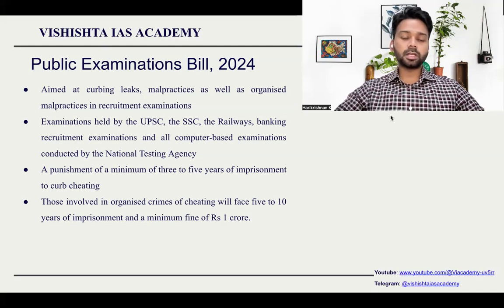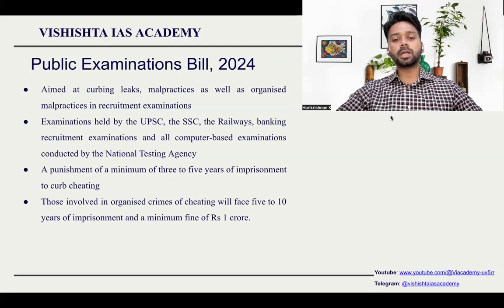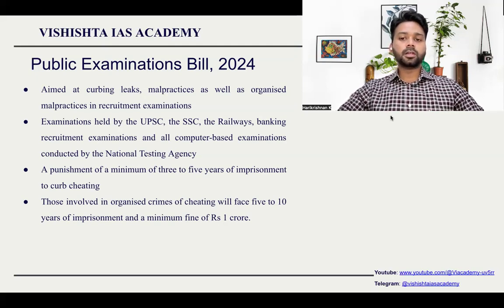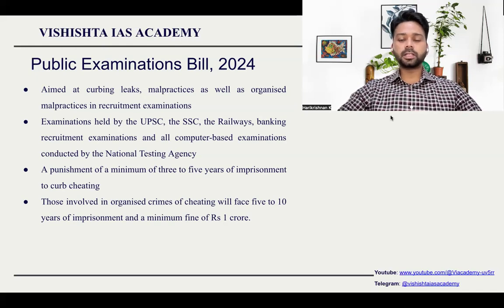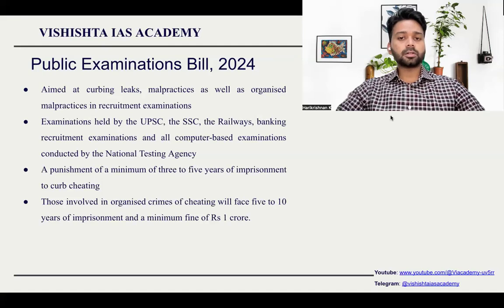So in order to prevent such incidents, the government has brought a bill called the Public Examinations Bill 2024. The basic aim of this bill is to curb leaks, malpractices, and organized malpractices, that is, a group of people coming together and trying to leak the question paper in an organized way. These things come under this.